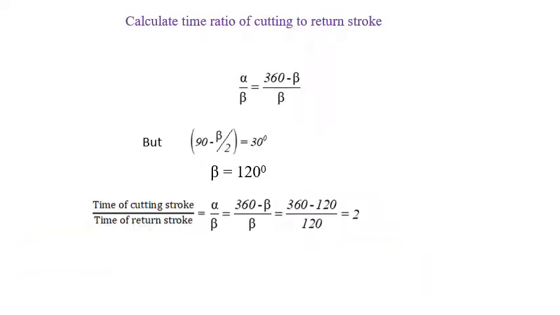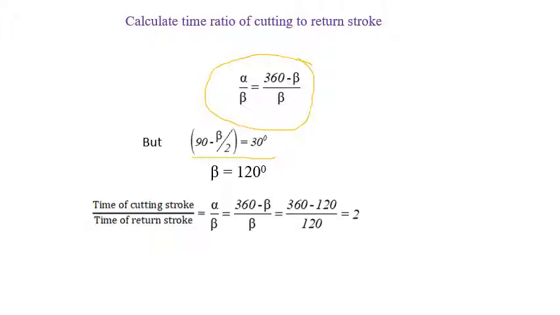Next, calculate the time ratio of cutting to return stroke. We know that the time ratio, that is the time of the cutting stroke to the time of the return stroke, is alpha by beta. Alpha can be written as 360 minus beta, and in the denominator we have beta. From the previous case, we got 90 minus beta by 2 as 30 degree, so we can calculate the beta value easily.